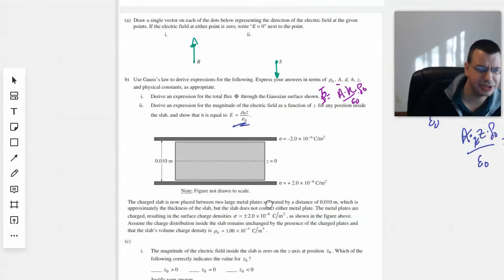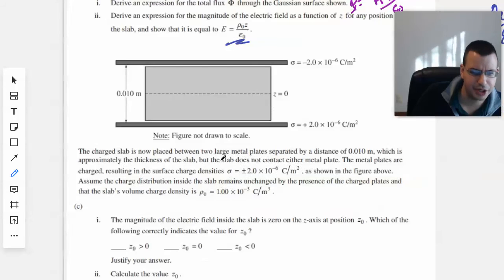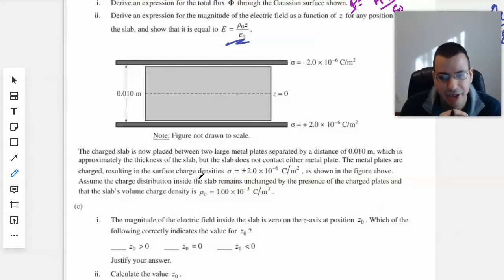This one seems to be a lot of reading for very little actual work. A charged slab is now placed between two large metal plates separated by a distance of 1 centimeter, which is approximately the thickness of the slab. But the slab does not contact either metal plate.